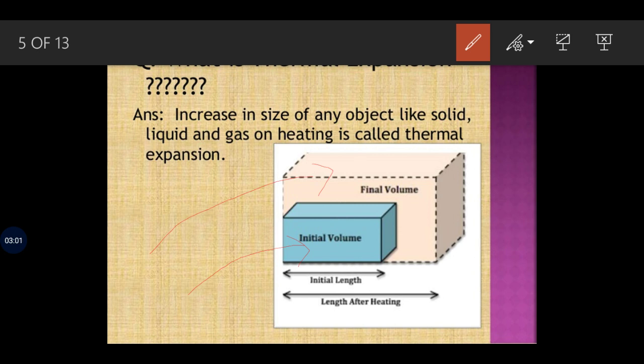Here the temperature changed, so the original shape of the cube changes. The small volume of the cube becomes a greater volume. That means the dimensions change: the smaller cube becomes a larger cube.